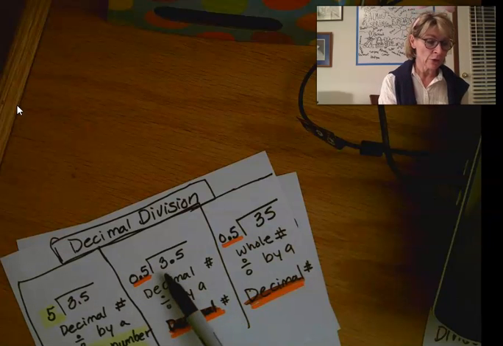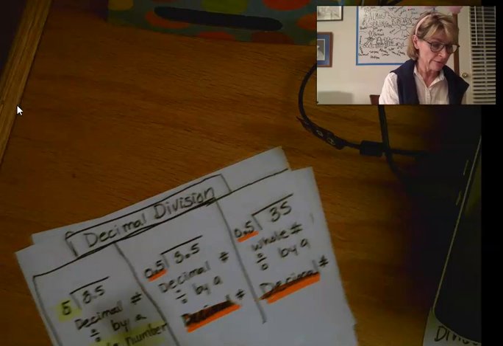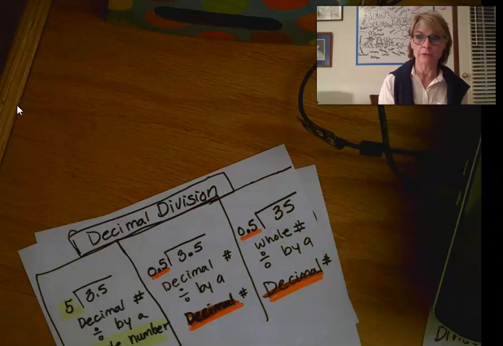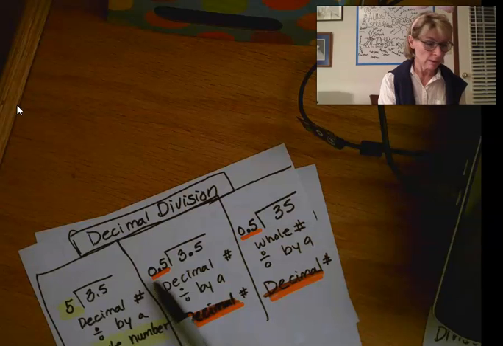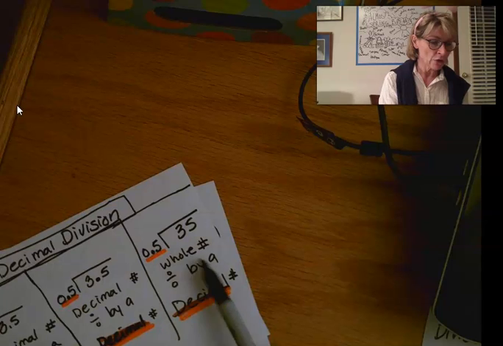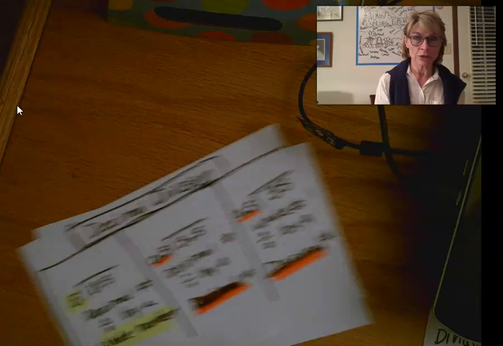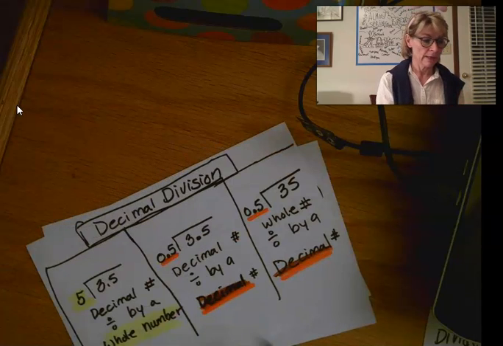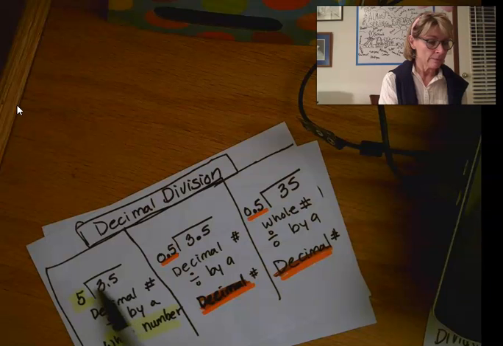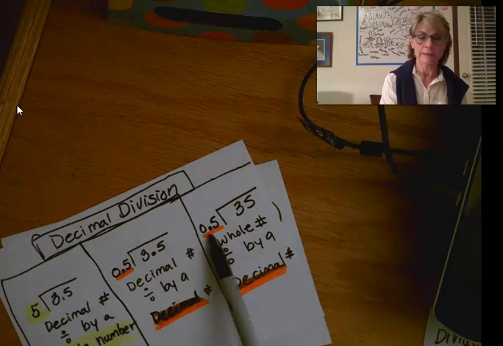Let's say we had 3 5/10 divided by 5/10. Even though they all have the same digits in them, these are different problems because the value of these numbers are different. And then the third situation, you could have a whole number that's being divided by a decimal number. So the 2 different situations you can have are a decimal divided by a whole number, or a decimal that's being divided by a decimal number.